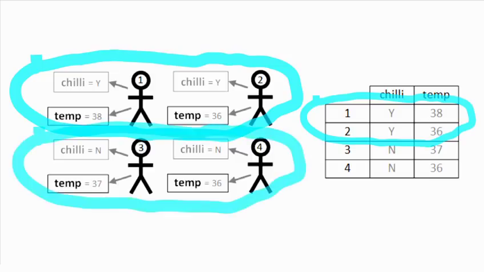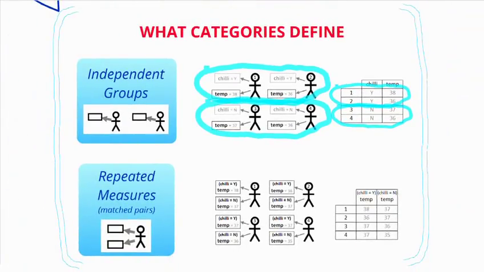And here's a group of people who all have no for chili, and that's their data there. What that chili variable did is split my big group into two smaller groups. That variable has cut my group into two groups, and that's why I've called it independent groups. Okay, there's an independent group situation where your variable has cut your data into independent groups, and each person has had the outcome of temperature measured once.